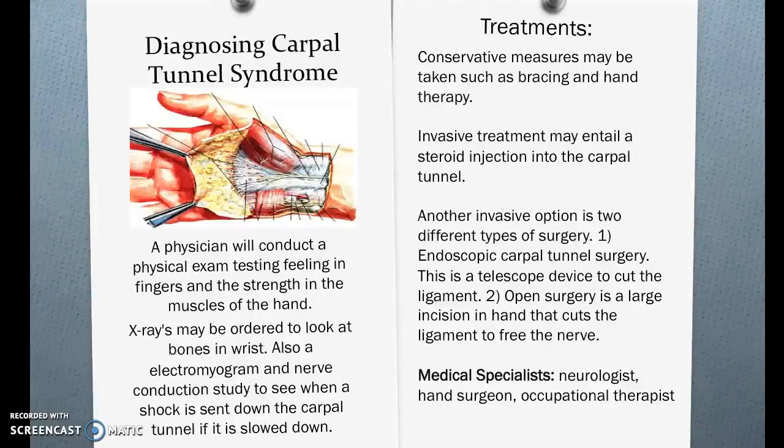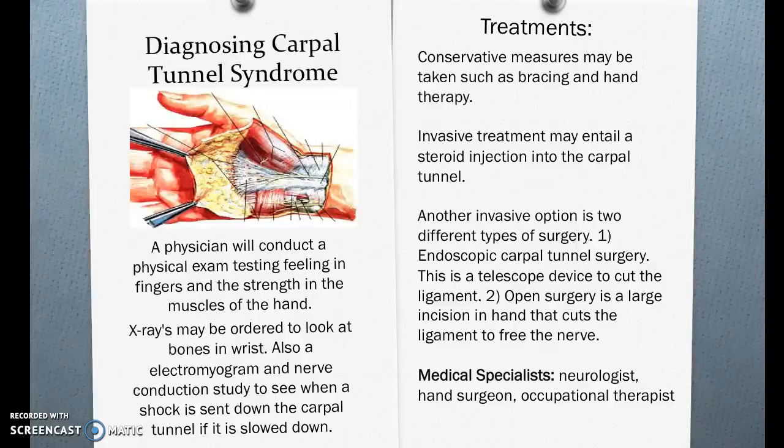X-rays may be ordered to look at bones in the wrist, and also an electromyogram and nerve conduction study to see if a shock sent down the carpal tunnel is slowed down. When the shock is slowed down, that is what helps a physician determine that they do have carpal tunnel. It's pretty interesting to see one of those tests being done and the needles and where they're placed in a patient. And most of the time patients say it is not fun to get that EMG done at all.